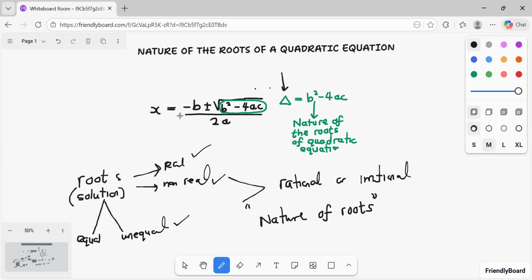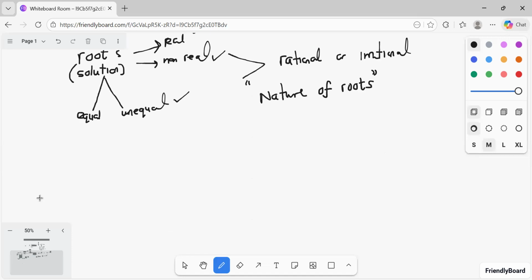However, before doing this, let us bear in mind that a square root of a negative number is non-real.